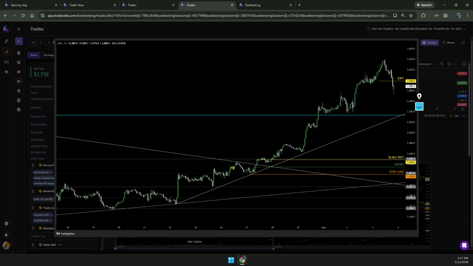So for me, that would be entry in the 1 hour. Again, scaled out, locked in some money. Now I'm going to trail my stop. I'm probably going to go right here at this entry level for break even, underneath this candle.